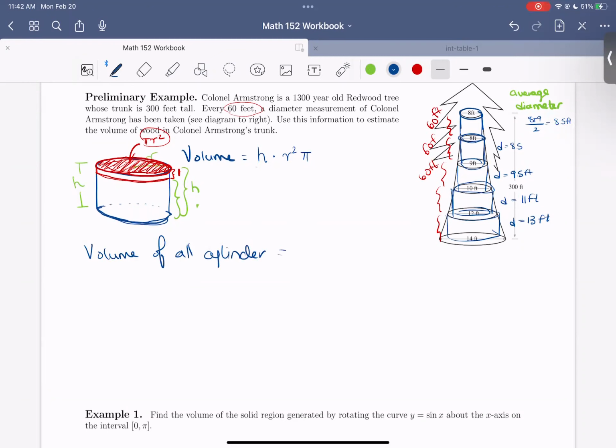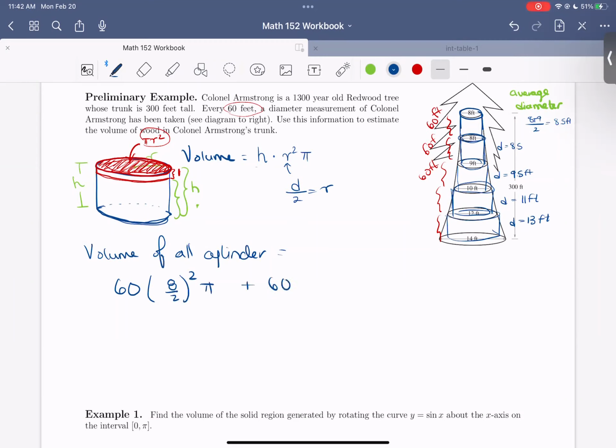So the first one would look like 60 height times radius, which is half that diameter. So keep in mind, D over 2 is equal to radius. So that would look like 60 times 8 over 2 squared times pi.